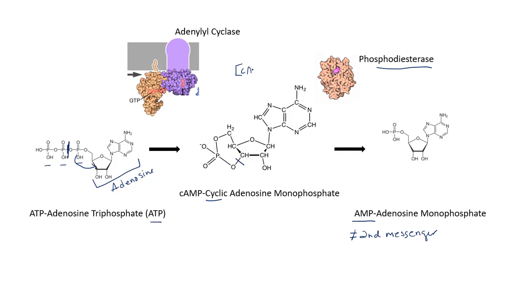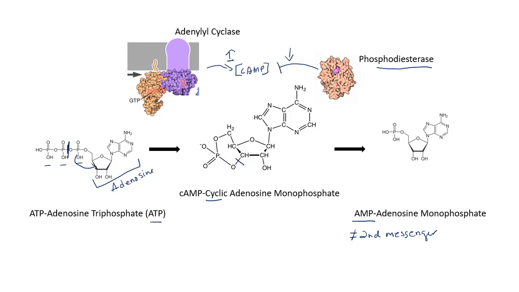So the concentration of cyclic AMP is controlled by the competing activities of these two enzymes, adenylyl cyclase, which is increasing the concentration of cyclic AMP in the cell, and phosphodiesterase, which is degrading and decreasing the concentration of cyclic AMP within the cell. And so phosphodiesterase is always degrading this.